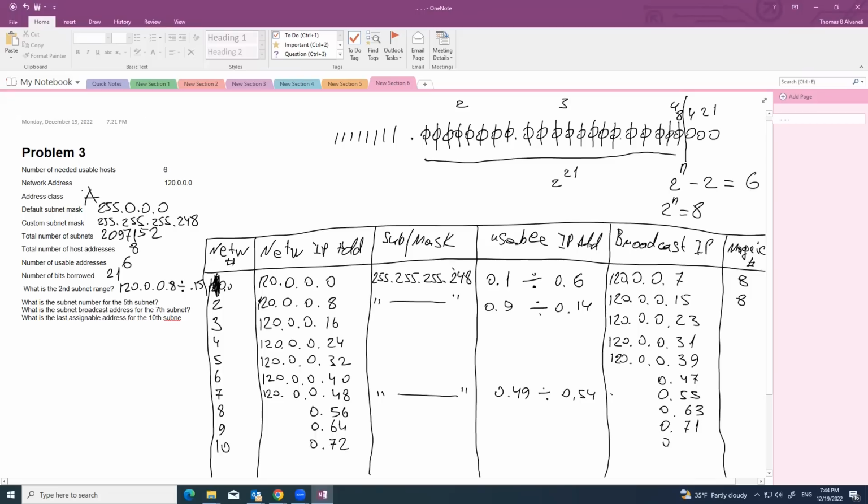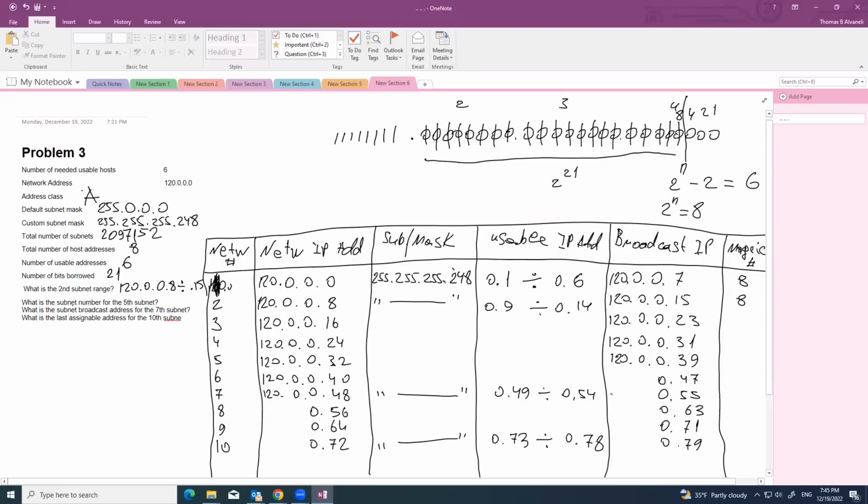And the broadcast address for the 10th subnet would be 0.79. Here the subnet mask is the same, and for the 10th subnet usable IP addresses are between 0.73 to 0.78.